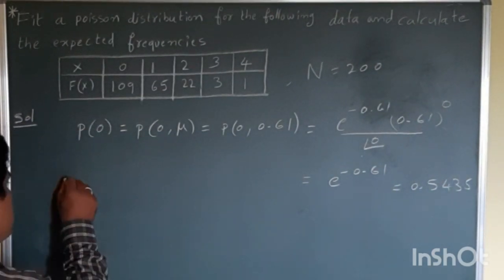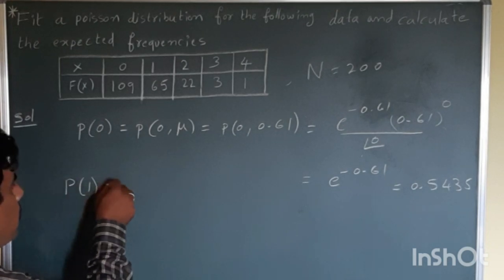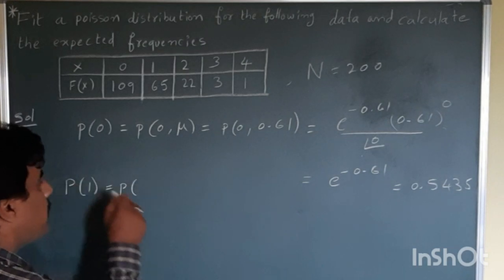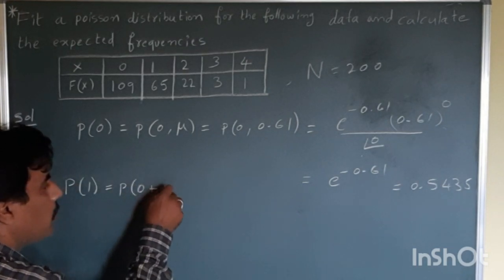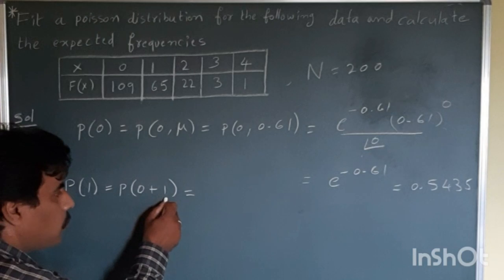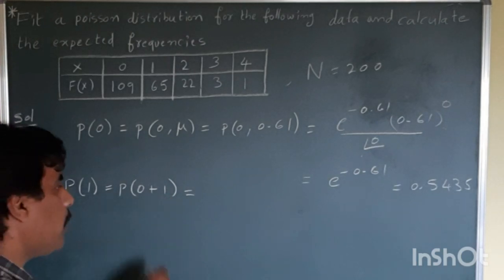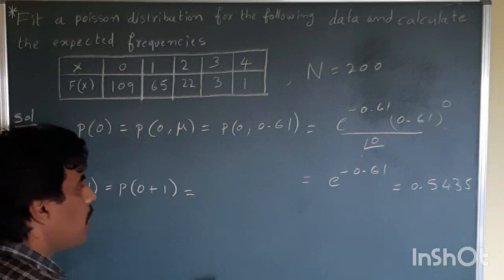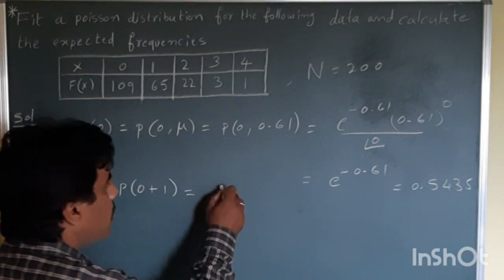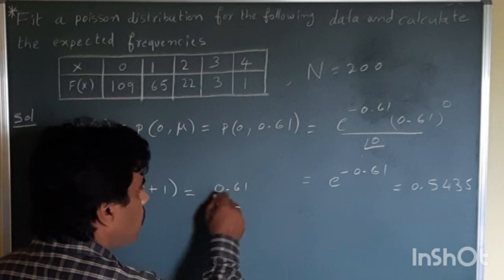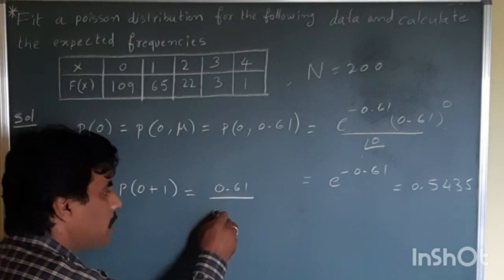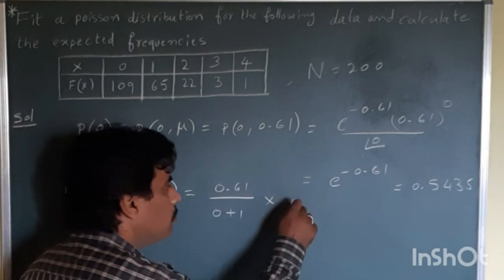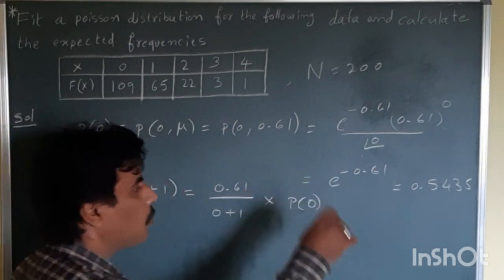First let us find P of 1 by using the recurrence formula. This can be written as P of 0 plus 1, therefore x is equal to 0. By the formula, mu by x plus 1, here mu is 0.61, by 0 plus 1, into P of 0.